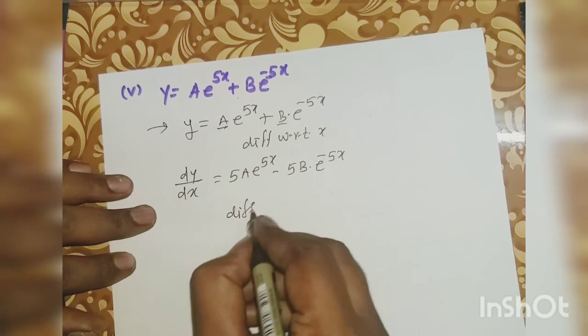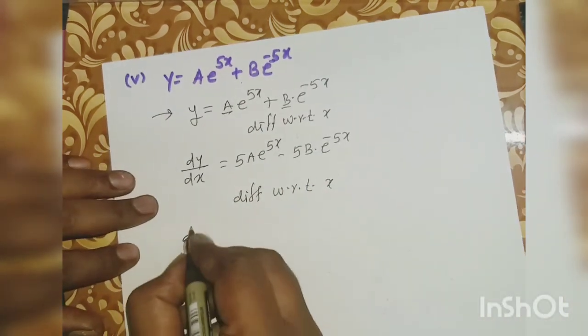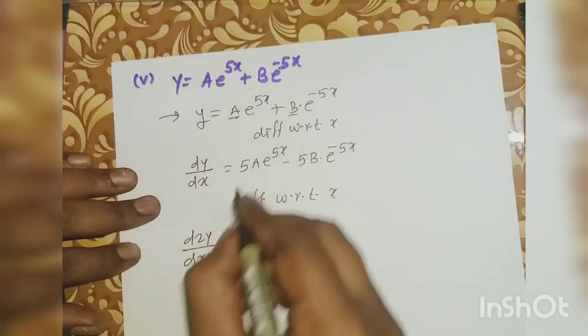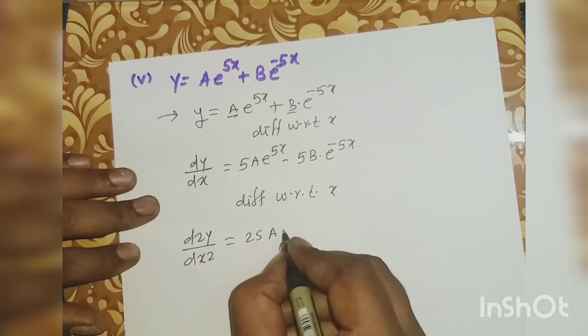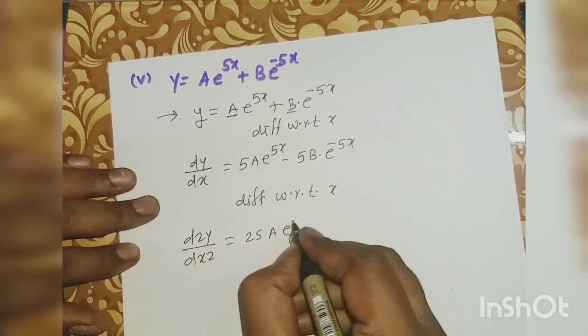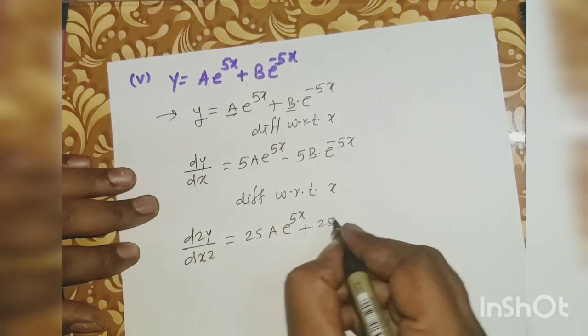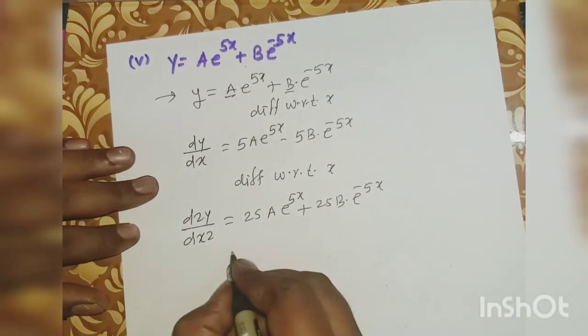Again differentiate with respect to x: d2y by dx square is equal to 5 into 5, 25 a e raised to 5x, minus minus plus, 25 b e raised to minus 5x.